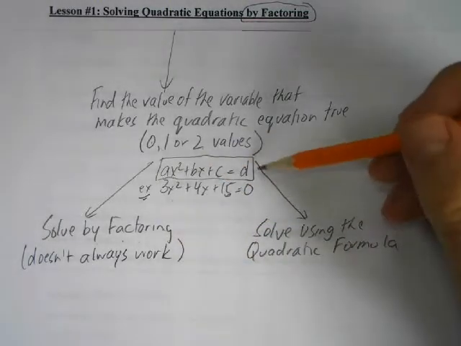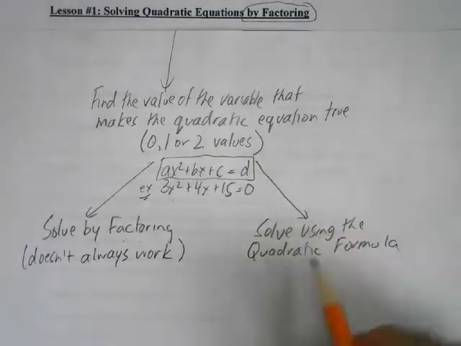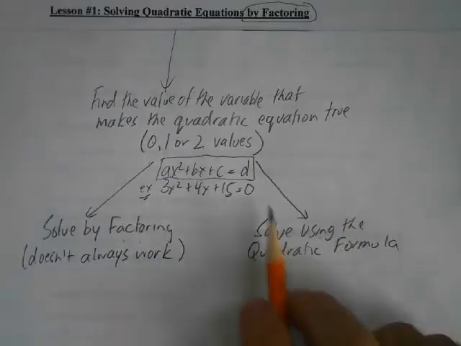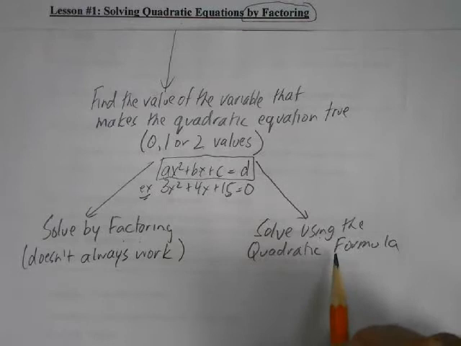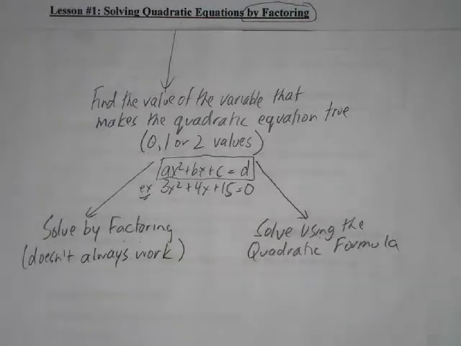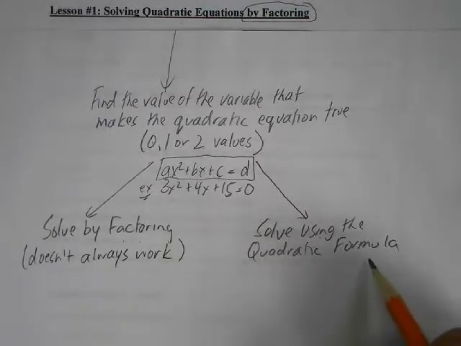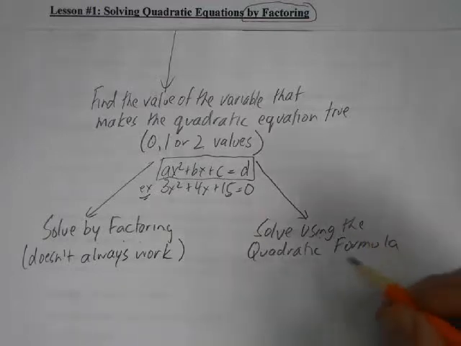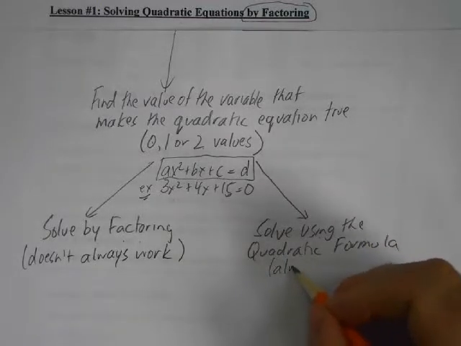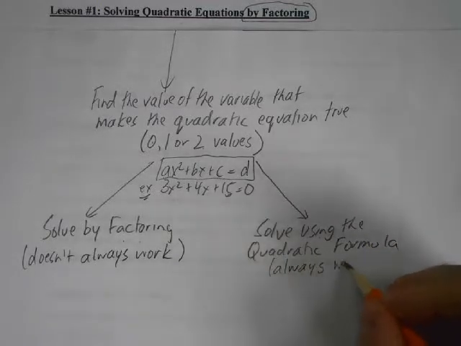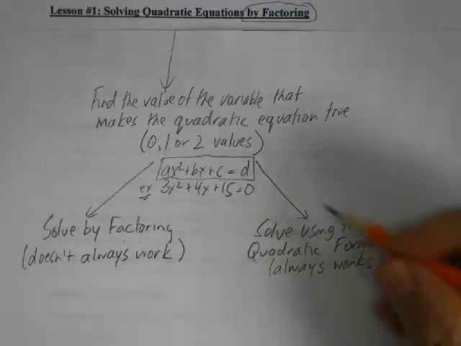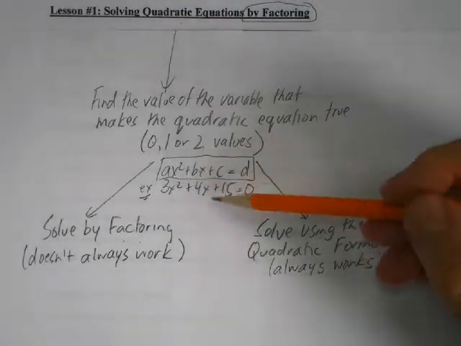Okay. Now the other technique that we'll do in the next lesson is we're going to solve this quadratic equation using the quadratic formula. I'll be teaching you that in the next lesson. Now this technique always works. What happens if you have no answers?